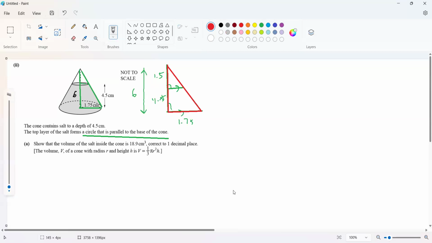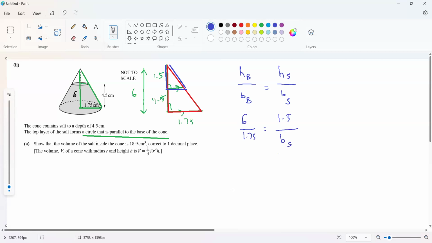Unfortunately it's taking up quite a bit of space, so I'm just going to draw a second layer of color here to indicate what I'm talking about. So the height of the big triangle over the base of the big triangle should have the same ratio as the height of the small triangle over the base of the small triangle. The height of the big triangle is 6, the base of the big triangle is 1.75, whereas the height of the small triangle is 1.5.